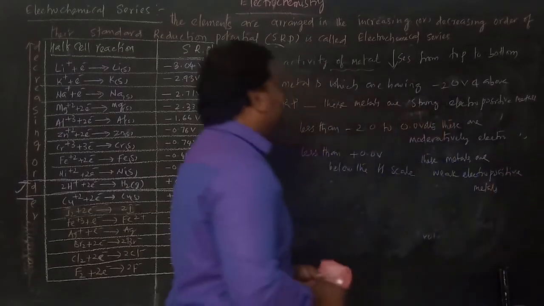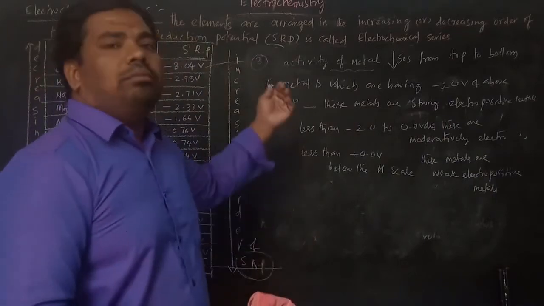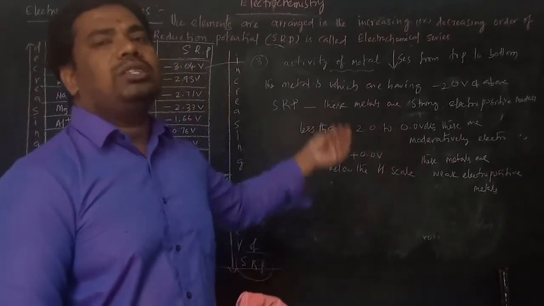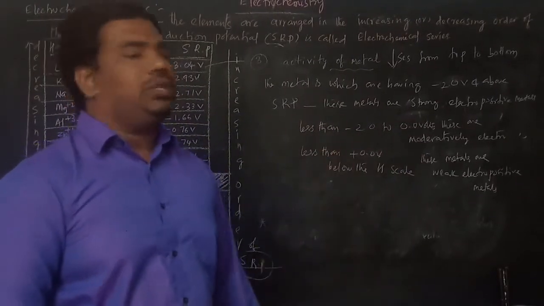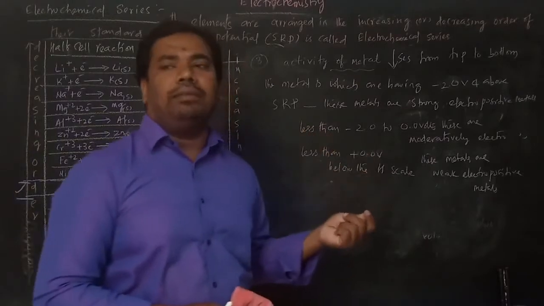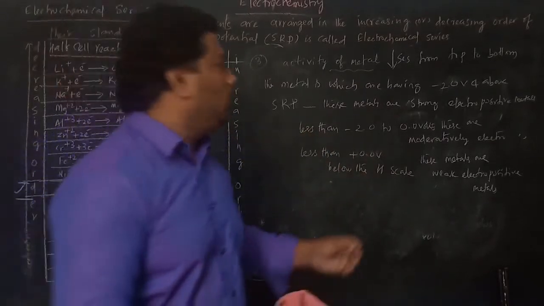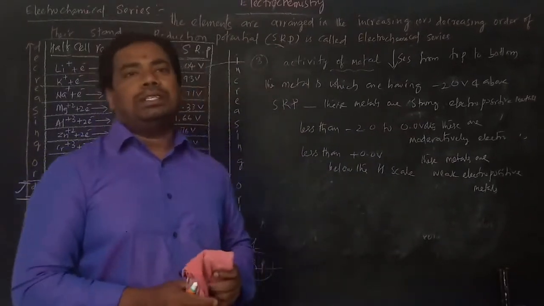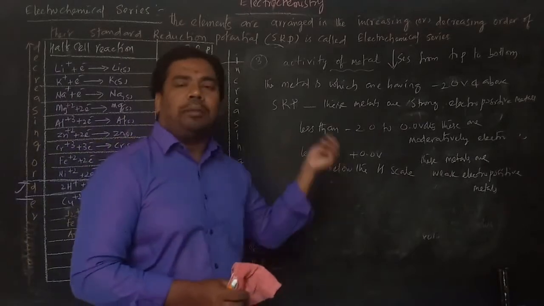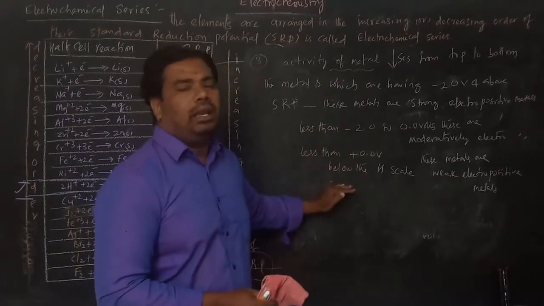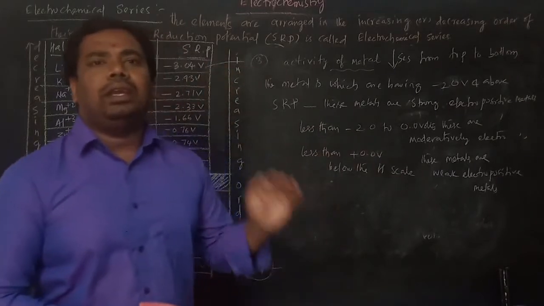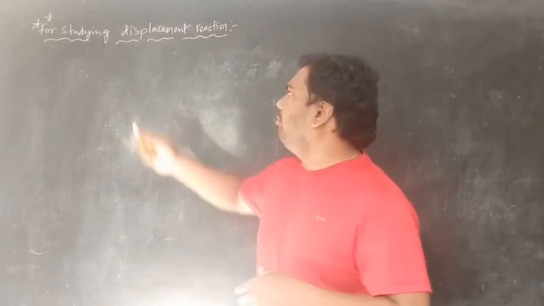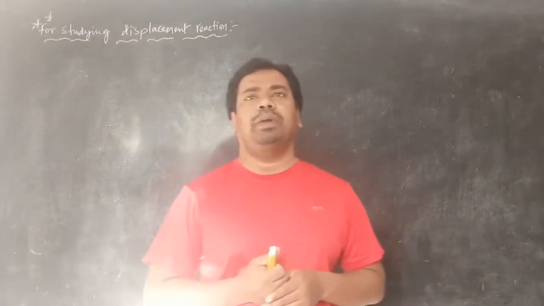So remember students, the metals which have minus 2.0 and more are strong electropositive metals, the metals from minus 2.0 to 0 volts are moderately electropositive metals, and the metals below the hydrogen scale are weak electropositive metals. Important concept, students, for studying displacement reactions.